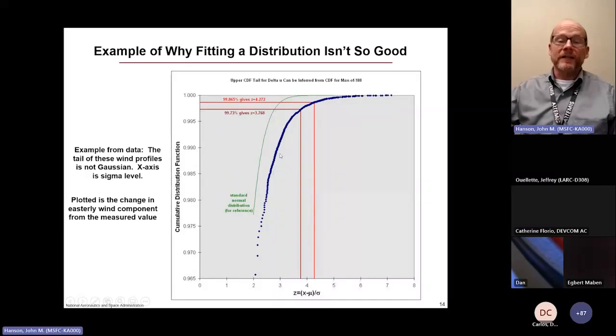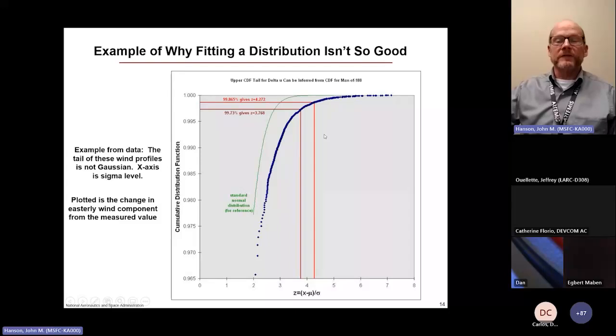There are lots of data points here, but the actual distribution for this change in wind component has a much longer tail than a normal distribution. The 99.73 number is almost 3.8 standard deviations out, and the 99.865 number is 4.3 standard deviations out, which is much more than you would get from a normal distribution.